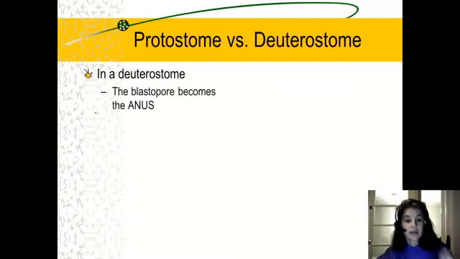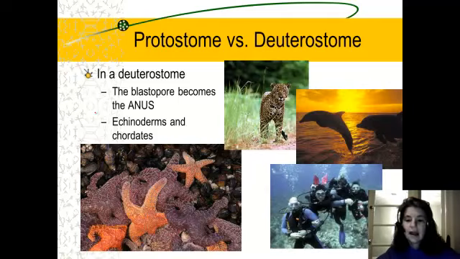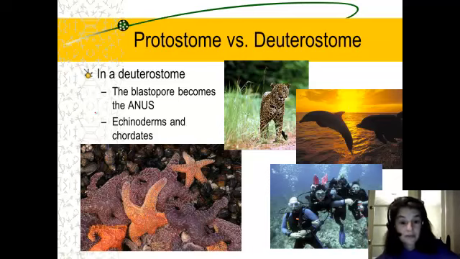Now, deuterostomes, the blastopore becomes the anus. Who does this? Basically two major phyla. Echinoderms, who are starfish, and if you look at those, you're like, whoa, they're pretty primitive. They don't even have bilateral symmetry, but we need to talk about that. And then all of us vertebrates, all chordate vertebrates, have this deuterostomic type of development, where the blastopore becomes the anus.